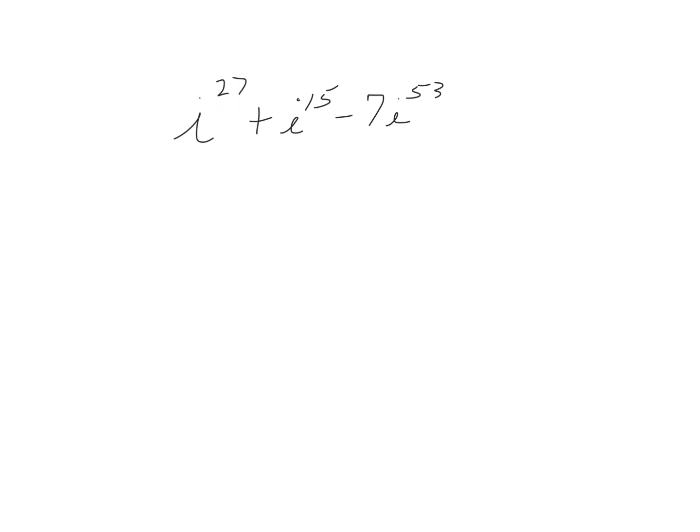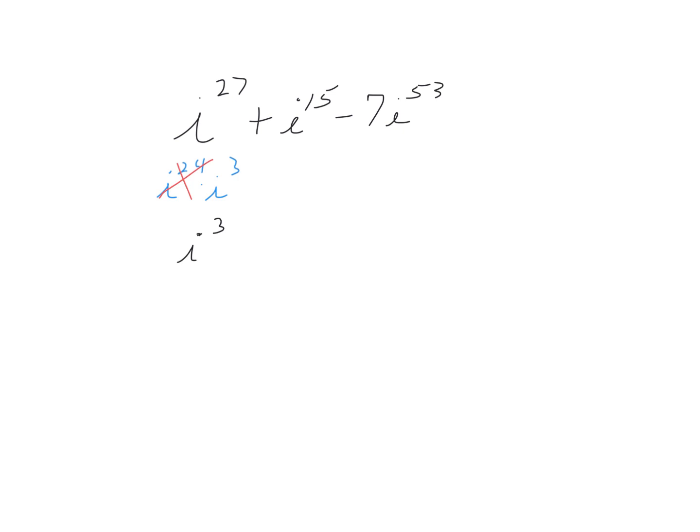So what we could say essentially is that this one is made up of i to the 24th times i to the 3rd. And the i to the 24th, well, that's divisible by 4 6 times, so that's going to be a 1. So i to the 24th becomes 1. So in a sense, we could cancel it out. And what we're left with there is 1i to the 3rd.